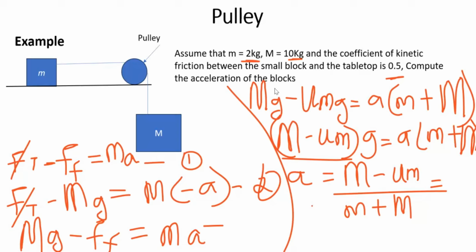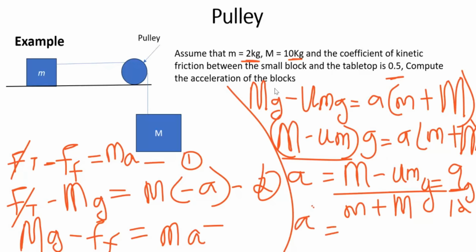Mu times m is 0.5 times 2 kilograms, that is 1. So 10 minus 1 is 9. Let's not forget g. 9g over 2 plus 10, which is 12g. So therefore A is equal to 9 over 12.